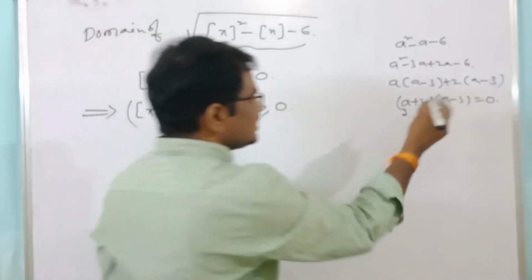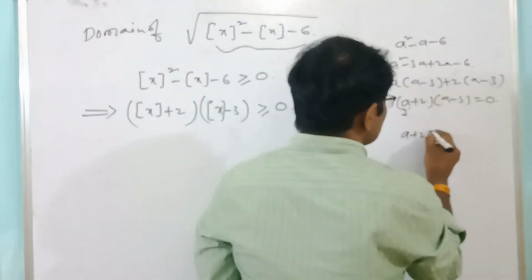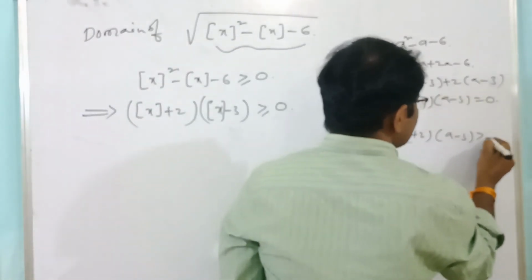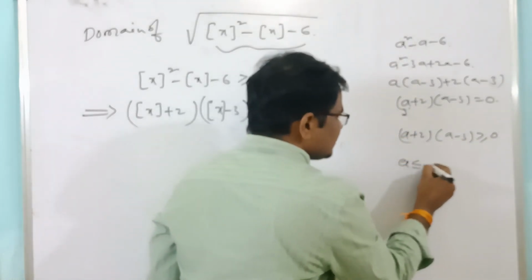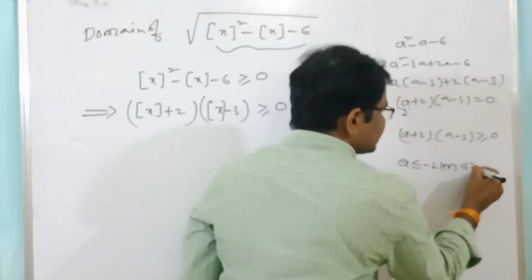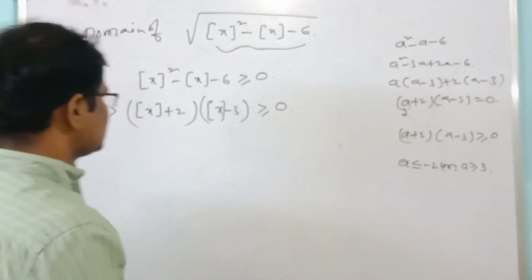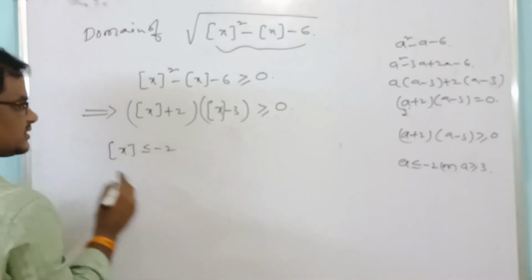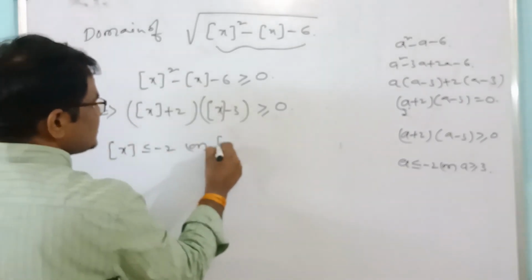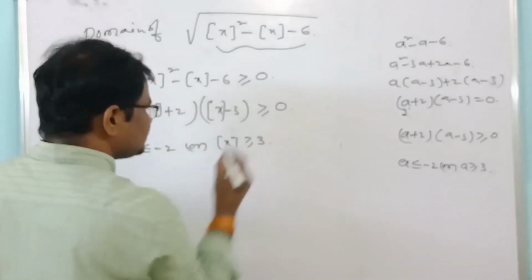We know that whenever (a + 2)(a - 3) is greater than or equal to 0, if you take a number line, you will get a less than or equal to -2 or a greater than or equal to 3. In place of a, what is there here? [x] less than or equal to -2 or [x] greater than or equal to 3.